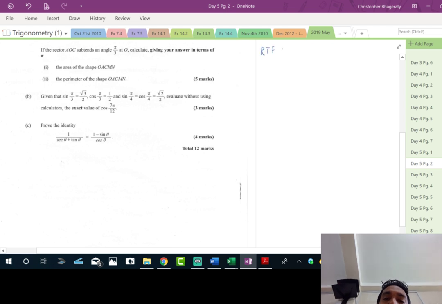So we are required to find cosine of 7/12 pi. 7/12 pi is equal to pi over 3 plus pi over 4. In case anybody wants to see that, when you're adding fractions, what do we need? A common denominator.